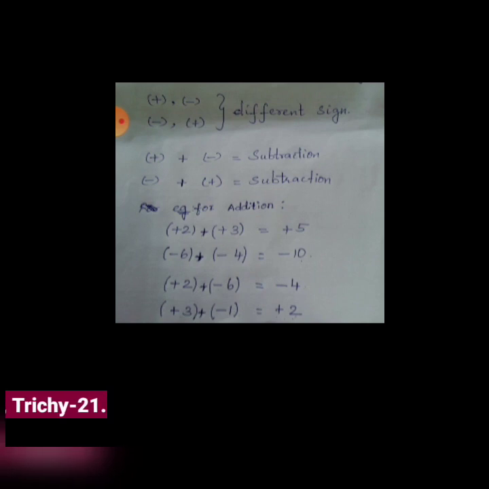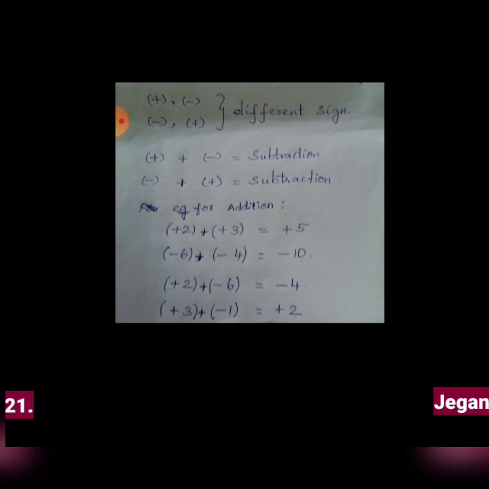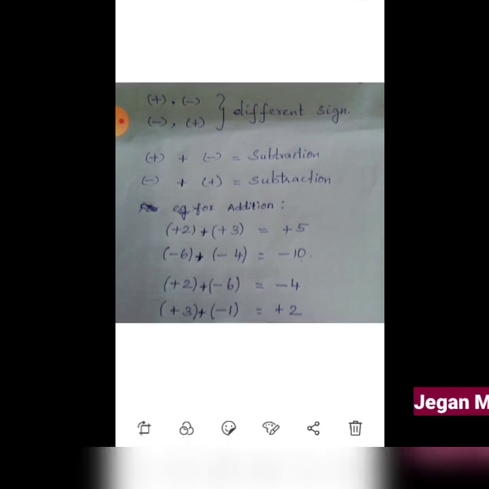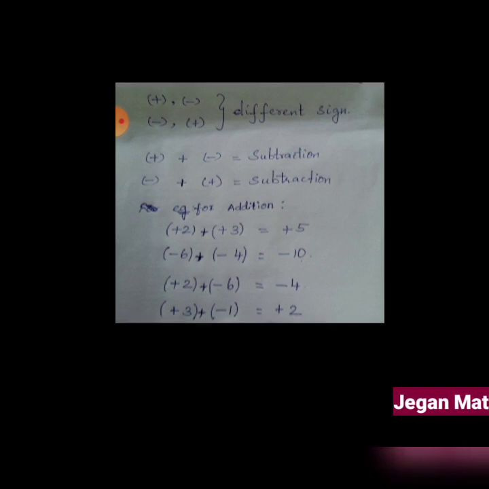Here both the numbers have negative sign, so these two numbers are added to get minus 10. That means a negative number is added with a negative number, we get a negative integer.